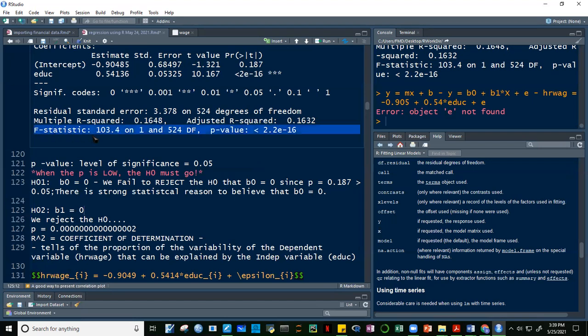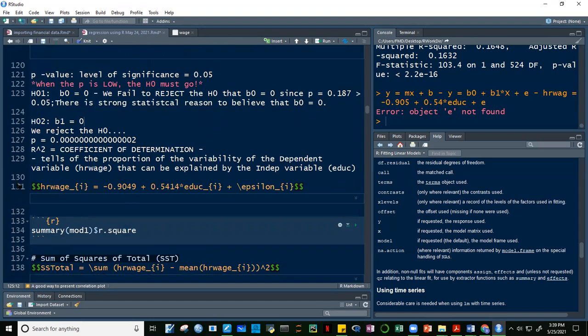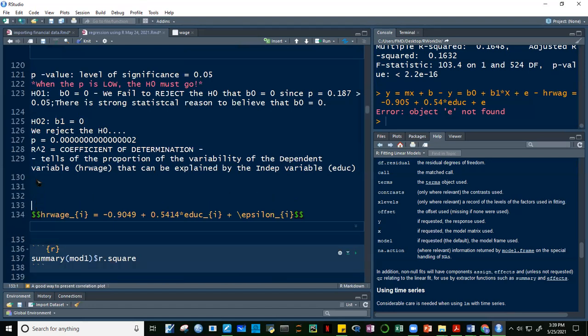FSTAT. So ito, madali ma-compute to. No? Ang gusto kong explain ito, 1 at saka itong 524. Okay, so yung una dito, so let me write it here. Yung una, df1 is equal to k, equal to number of predictors. No?